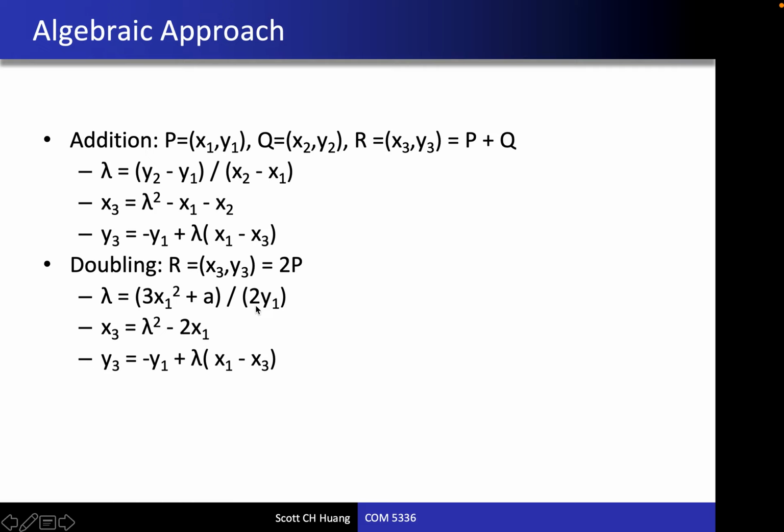This number 2 is actually 0, because if a field has characteristic 2, that means 2 is equal to 0, like what I've learned in AES. 2 is basically 0. You can never divide by 0. So if it's in the denominator, then you have a problem. So this set of formulas is useless. So the doubling does not work in this case.